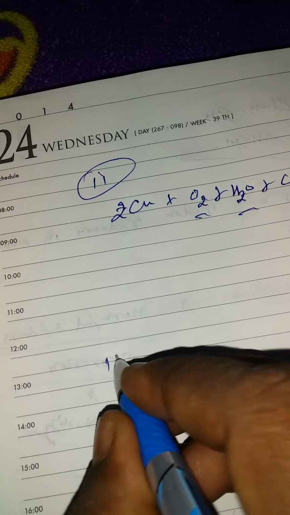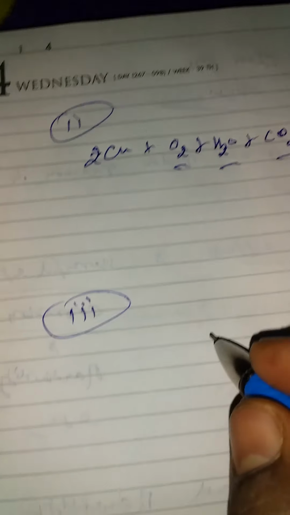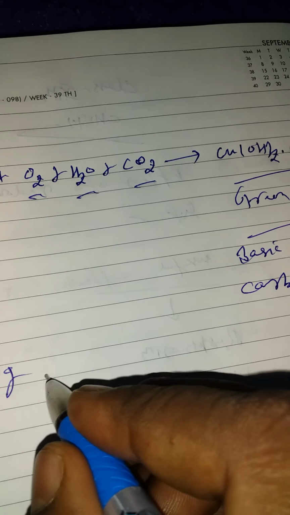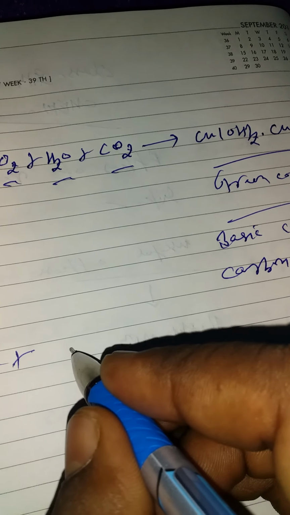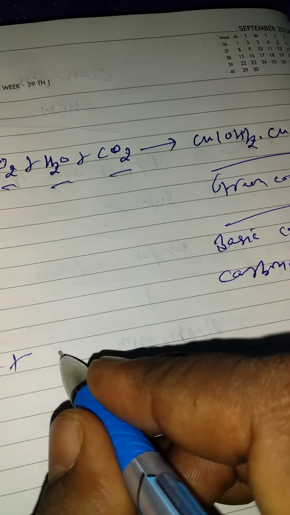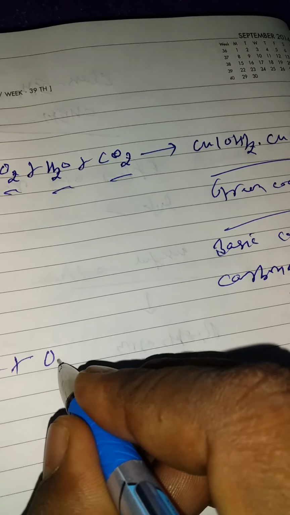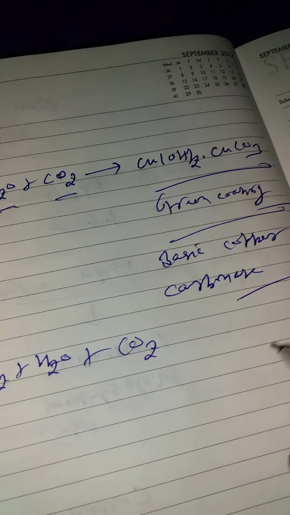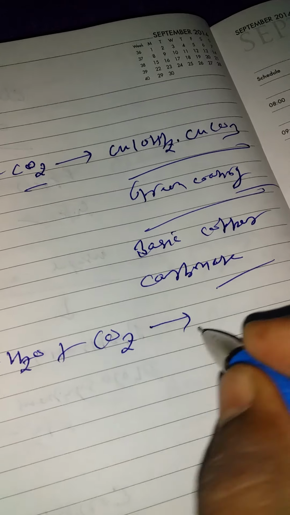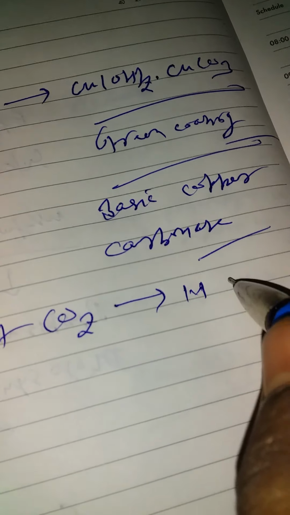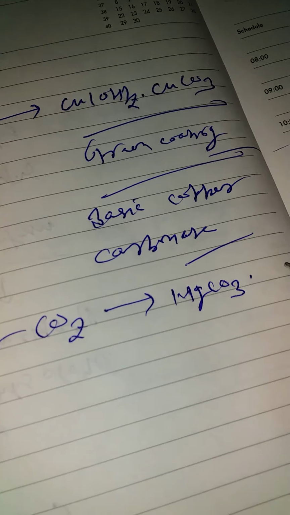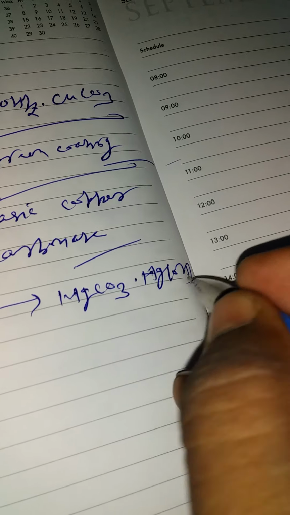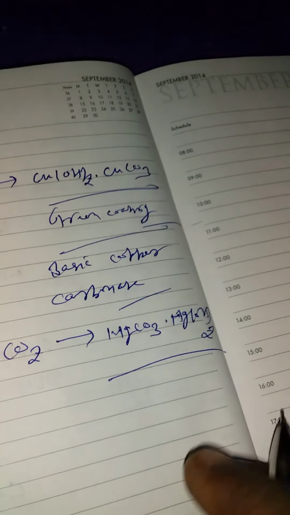Third one, magnesium also forms a black coating on it in the presence of moist air, O2 plus H2O plus CO2. MgCO3 and Mg(OH)2.